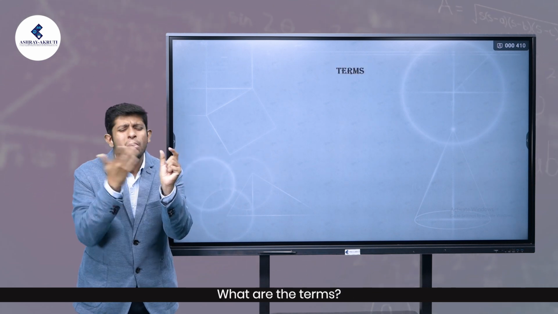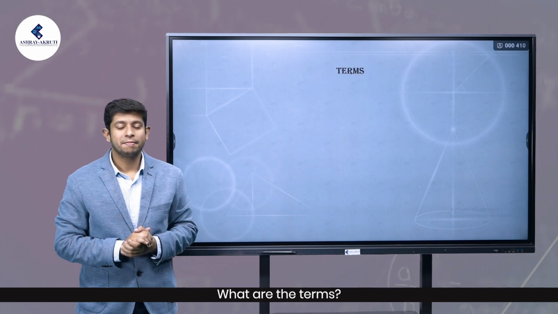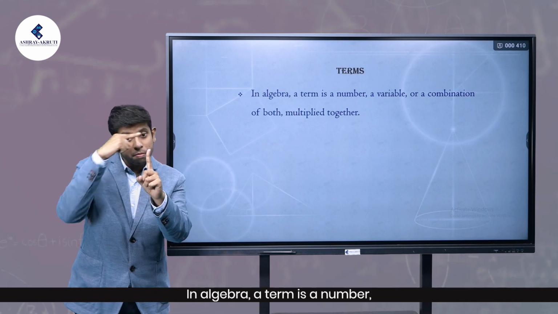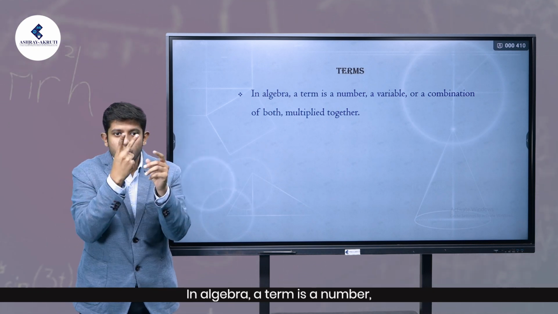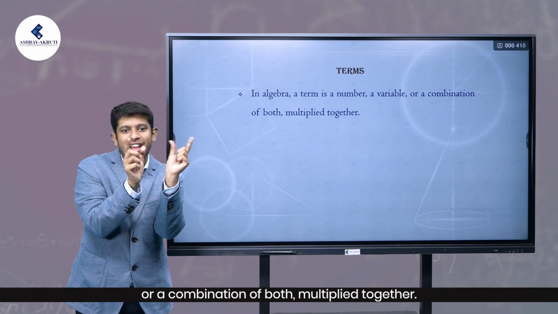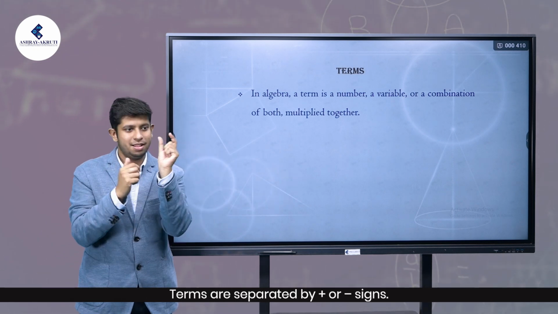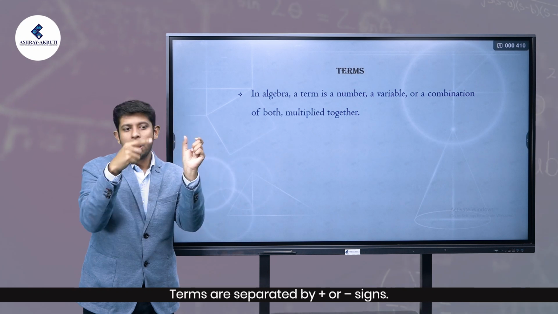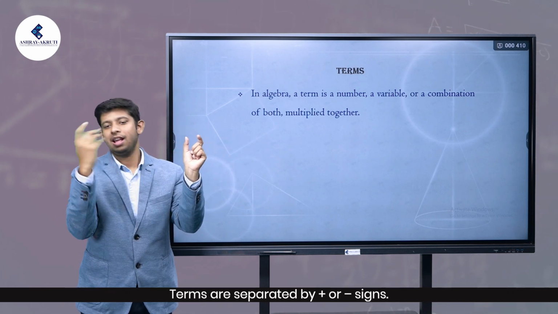What are the terms? In algebra, a term is a number, a variable, or a combination of both multiplied together. Terms are separated by plus or minus signs.